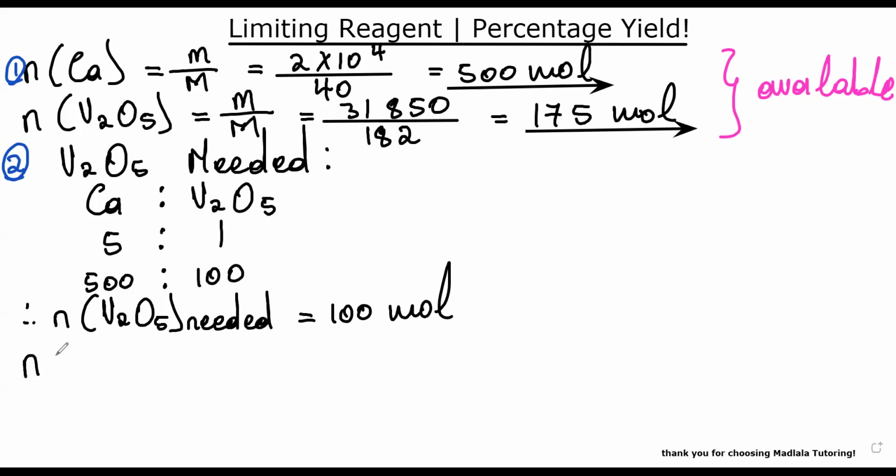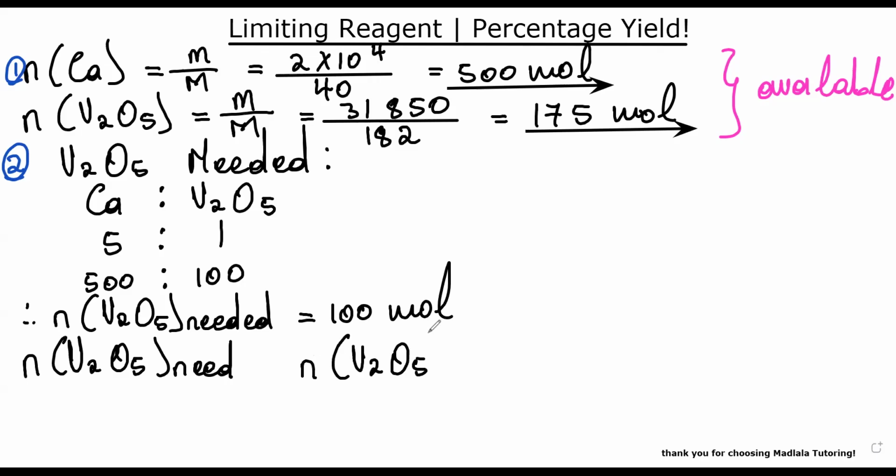Okay, fine. So now it's time to make a comparison. We are going to compare the number of moles of vanadium pentoxide that are needed versus the number of moles that are available at the start of the reaction, to see if we have a shortage or not. What we had at the start of the reaction is 175, and what we need is 100.